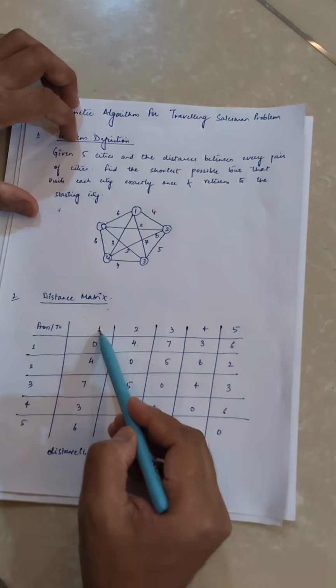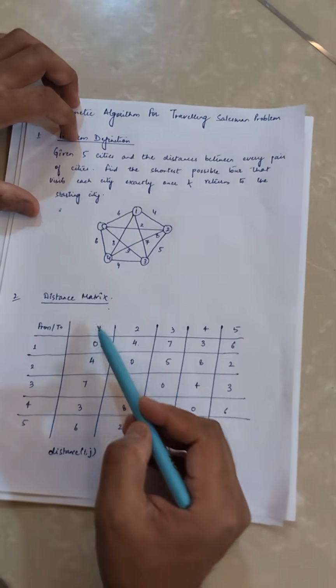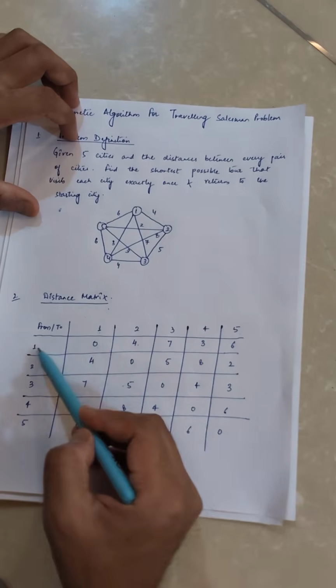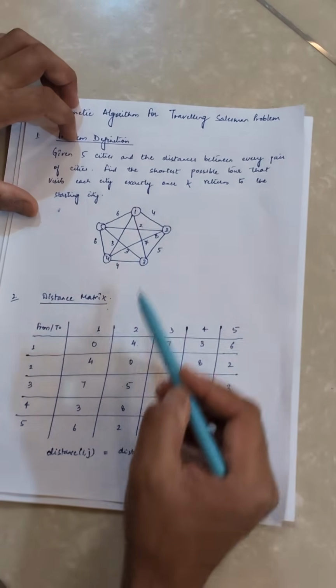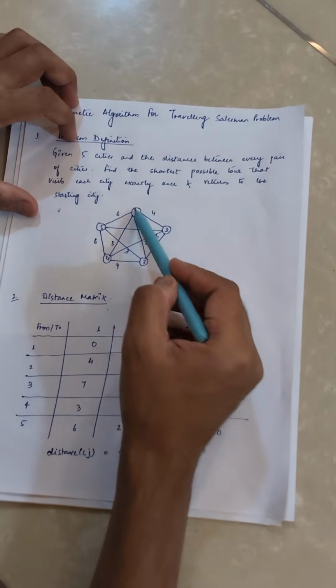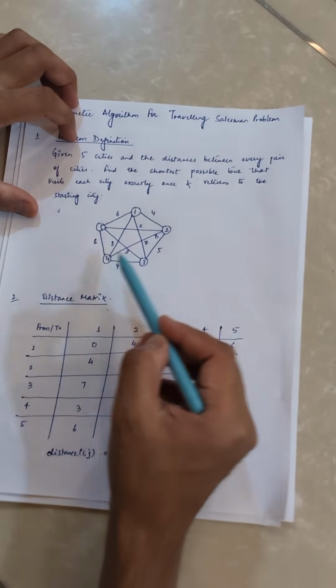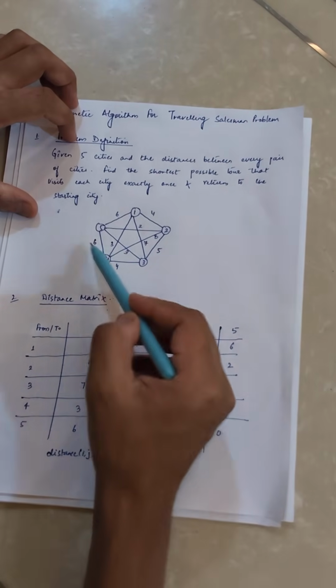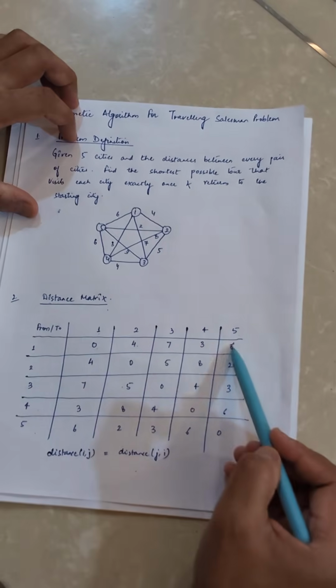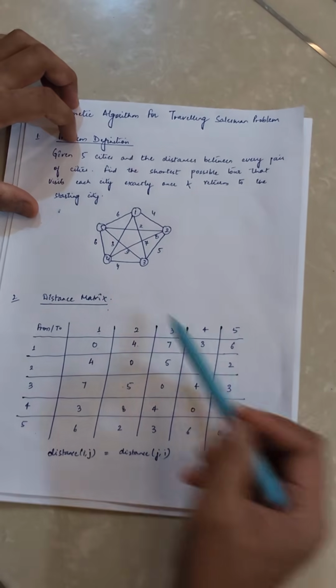Now city 1 is connected to city 1, is it? City 1 is not connected to itself, so we'll write 0. 1 is connected to 2 with a distance of 4, to 3 with a distance of 7, to 4 with a distance of 3, and to 5 with a distance of 6. Similarly, we'll fill the rest of the matrix.